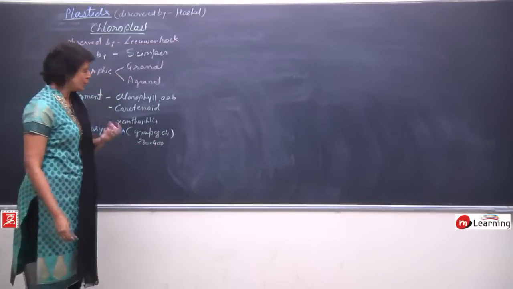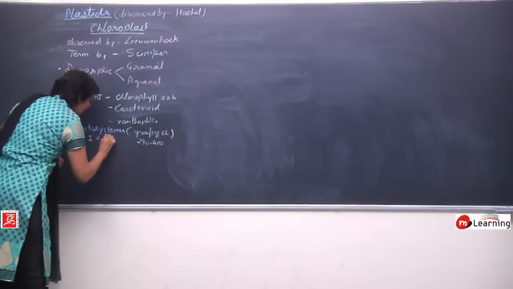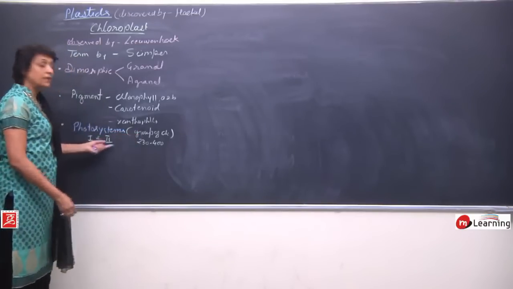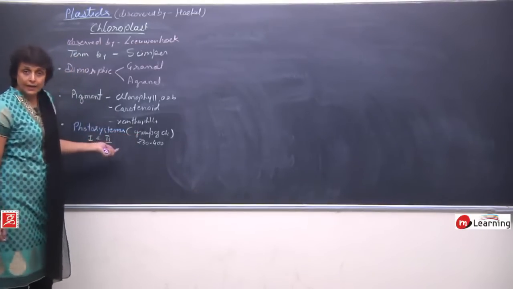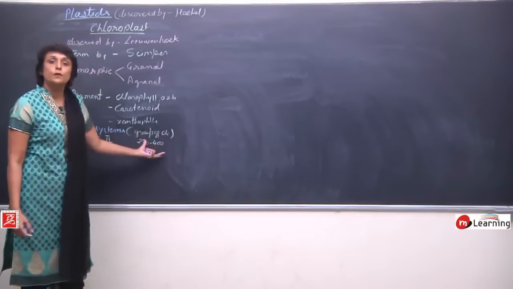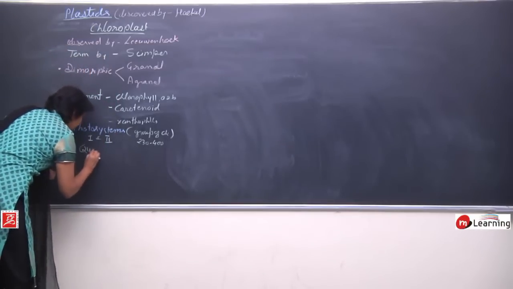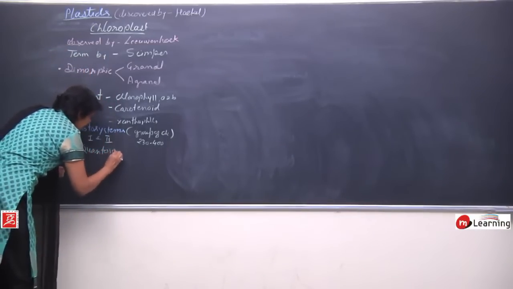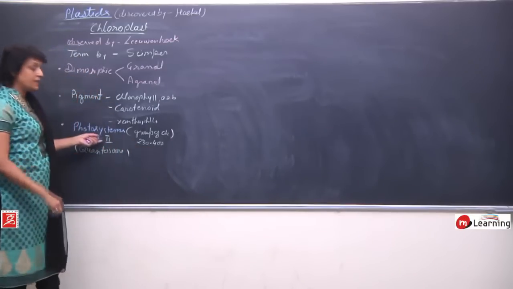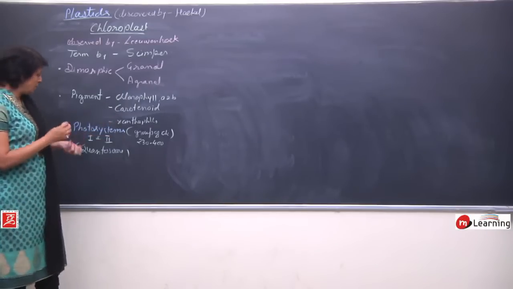There are two photosystems present. One is called photosystem 1 and the other is photosystem 2. The basic difference is the type of chlorophyll present in these two photosystems. Nowadays, we use the term photosystem. Earlier, this group of chlorophyll molecules was called quantosome. So this is an old name, and photosystem is the newer name, which is more commonly talked about.